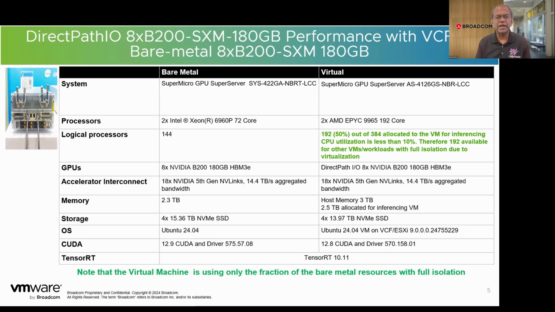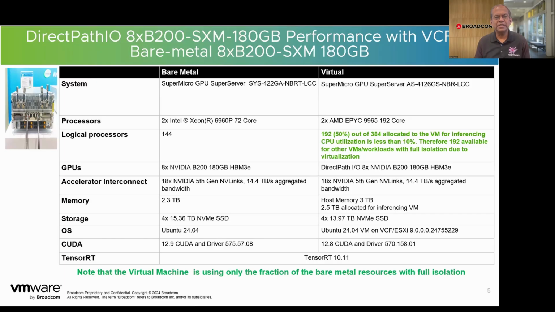Both systems had 8x NVIDIA B200s with 180 GB of HBM3E. On the virtual side, the GPUs were in DirectPath IO or pass-through mode. All the GPUs in both configurations were connected by NVLink and NVSwitch.